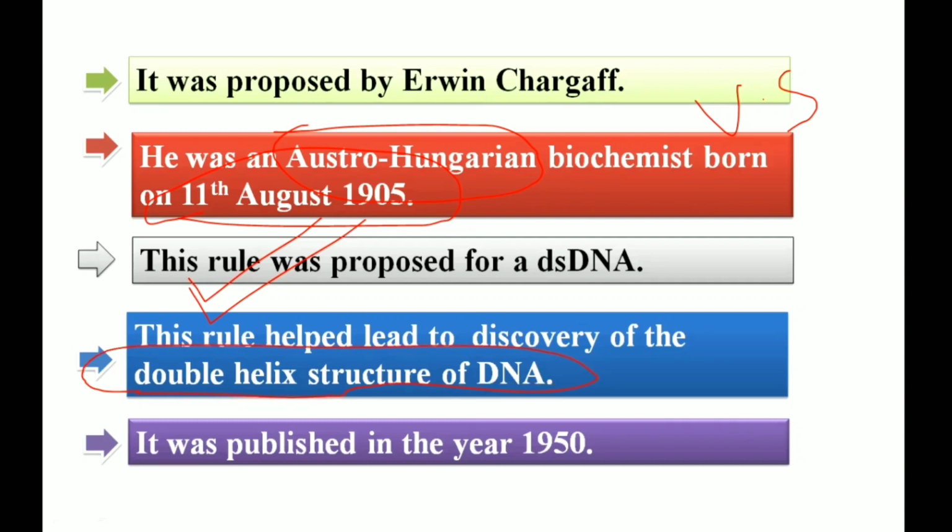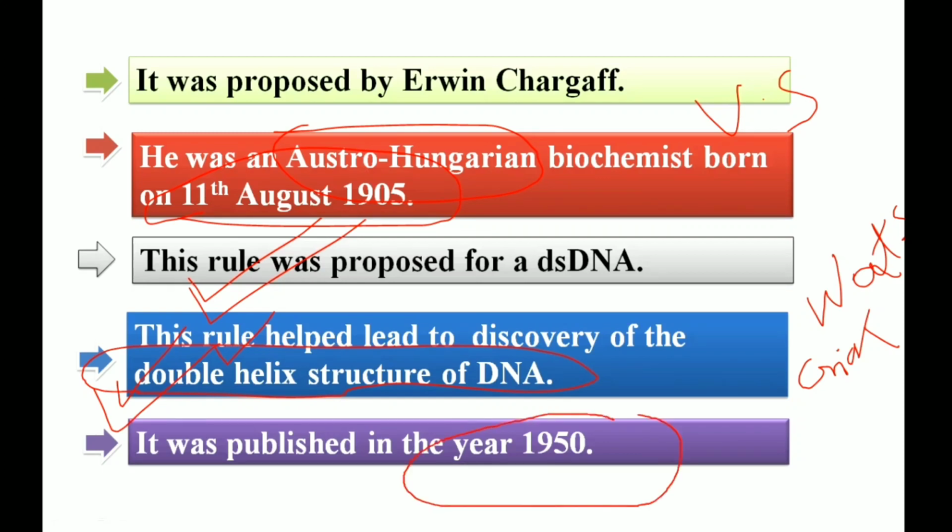We know that Watson and Crick suggested the model of double-stranded structure of DNA, right? Watson and Crick were helped through this rule to lead the discovery of the double helix structure of DNA. As I already mentioned, it was published in the year 1950.